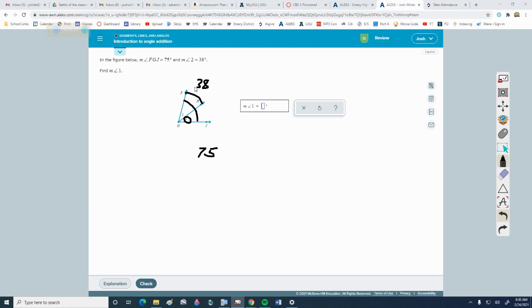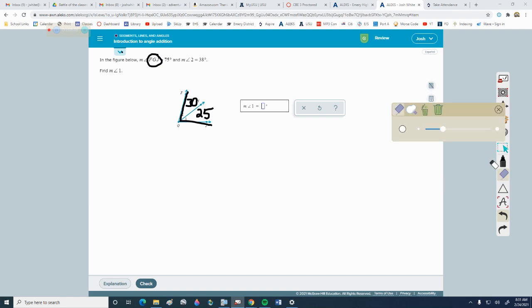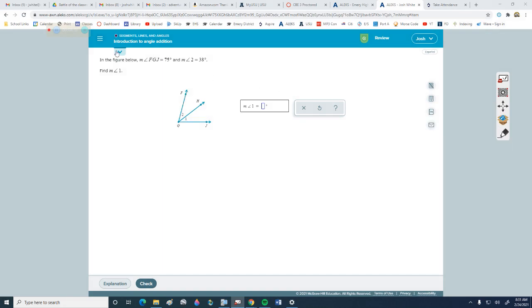You just do 75 minus 38. Okay. What if I told you that angle 1 was 25 and angle 2 was 30? How big would FGJ be? How big would this be? Just 55.